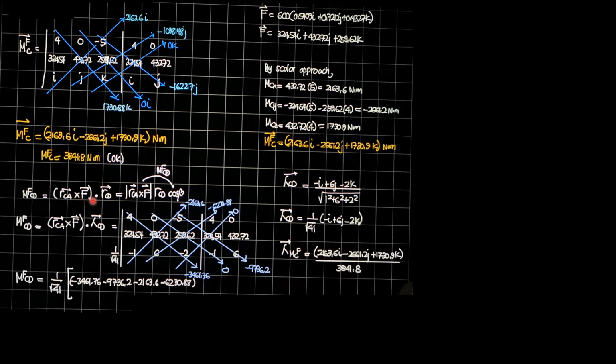And finally, to compute the moment of F about axis CD, we have to cross RCA with F to define the moment vector, which is adjacent to axis CD. With RCD, remember, it is the force, magnitude, hypotenuse, then the axis, the angle between them, beta.